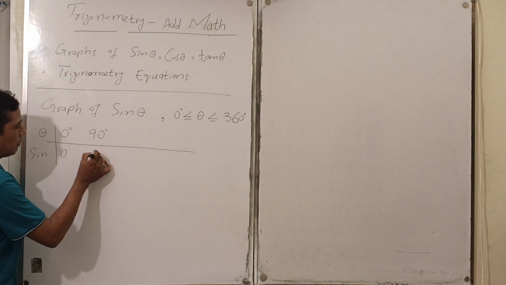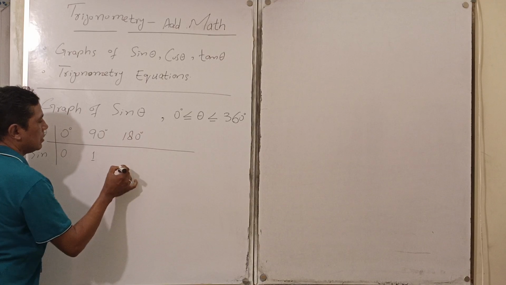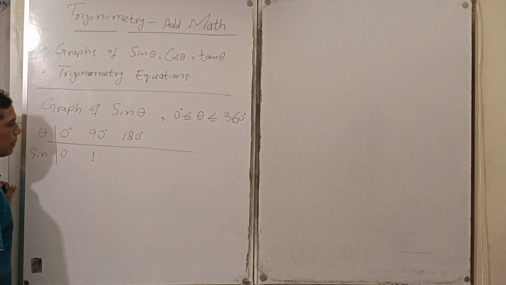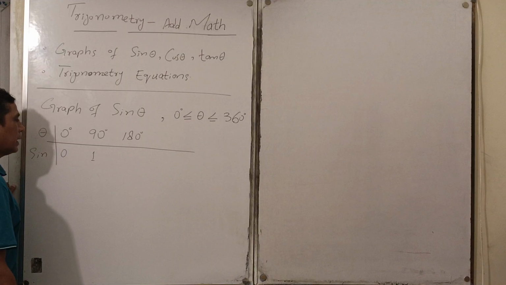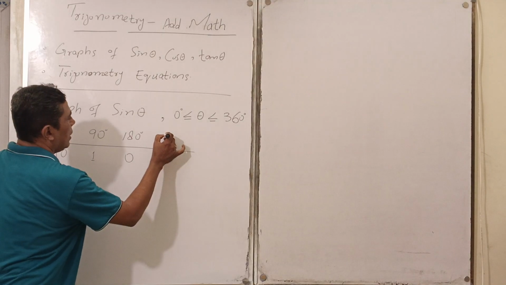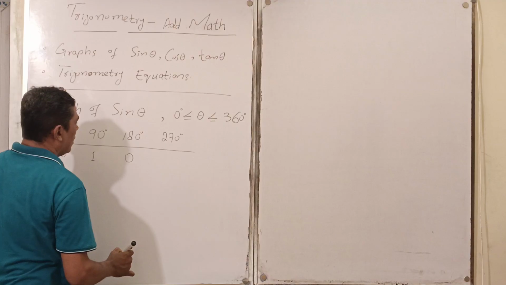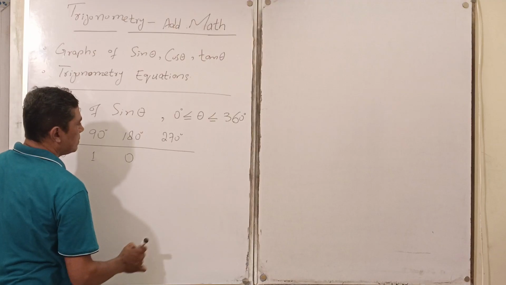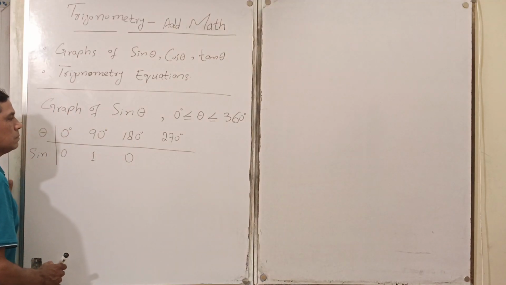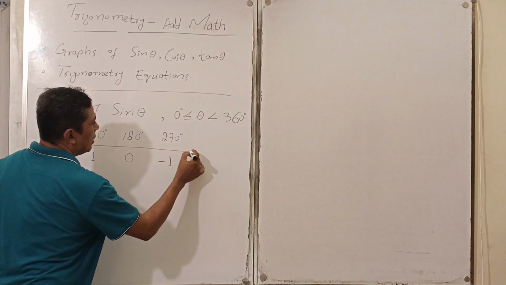Next is 180 degree, and the value is again 0. Similarly, at 270 degree it is minus 1.